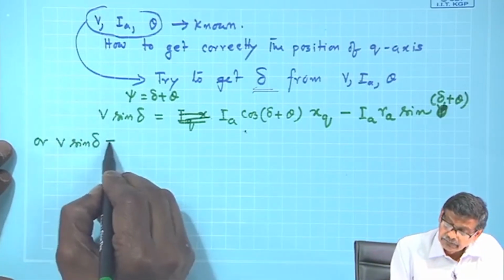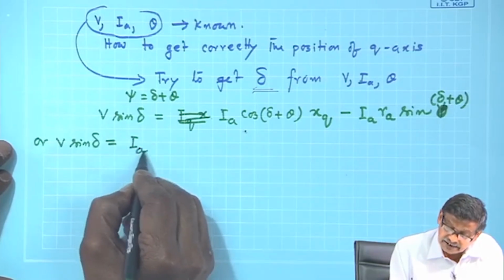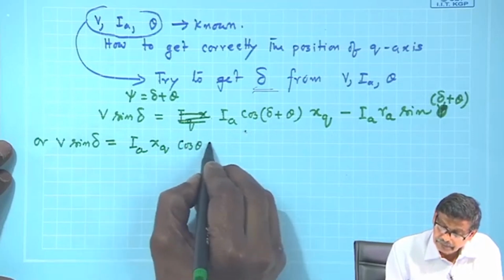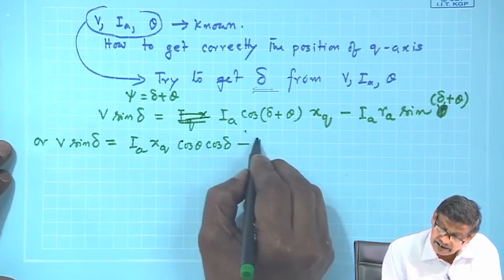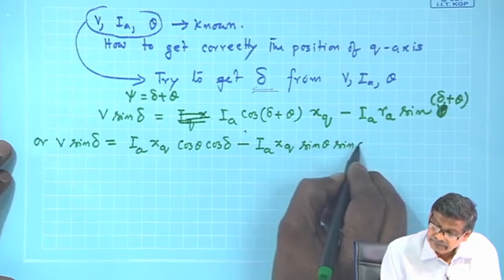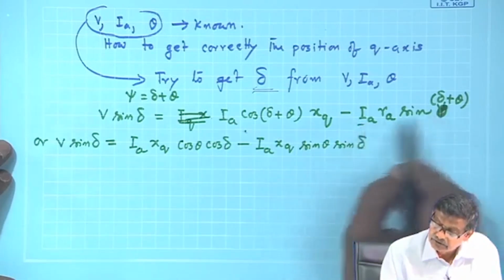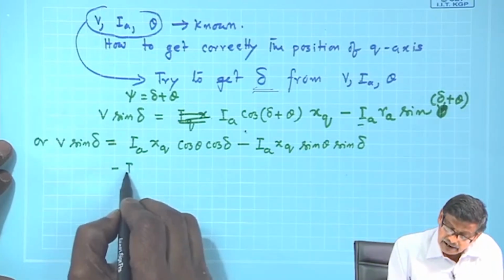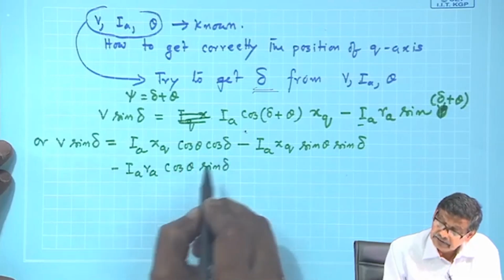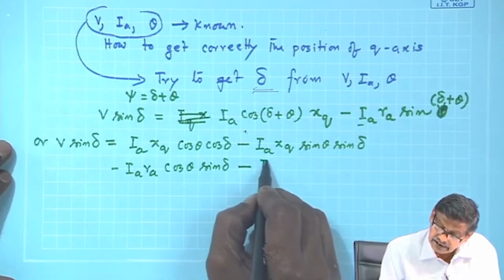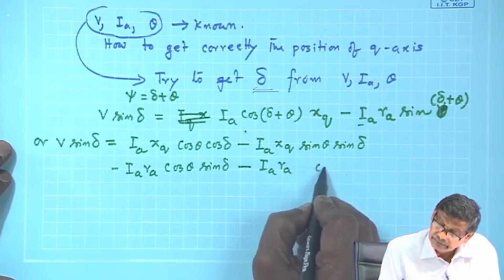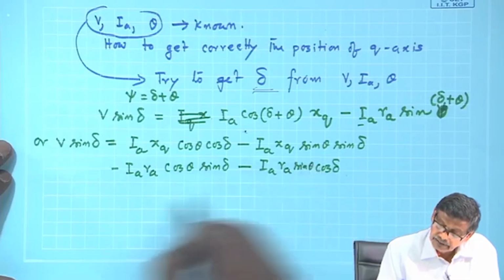So, V sin delta will be equal to Ia xq, and this you break up into two terms: cos A cos B, then minus Ia xq sin A sin B. This will yield two terms, and the other term also gives two terms: minus Ia Ra sin A cos B, minus cos A sin B.